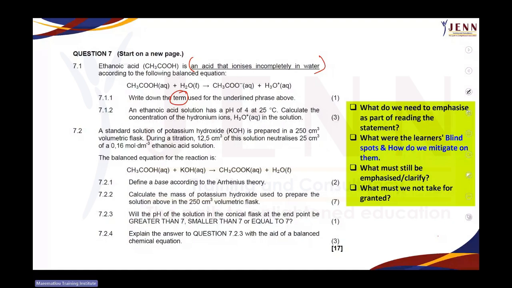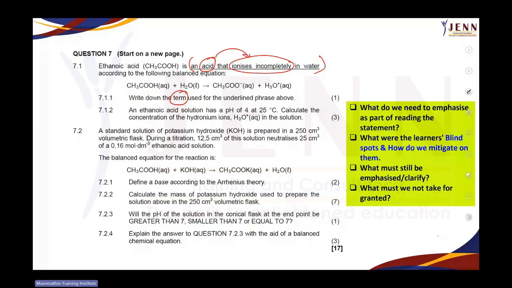That was a clue that the examiner was providing the learners that were writing this paper at the time, that it ionizes incompletely in water. So they should know the definition of an acid that ionizes incompletely in water. Now, that acid, obviously, we will know that it is a weak acid. It ionizes incompletely in water to create a low concentration of hydronium ions. Okay, so that was an easy 1 mark.